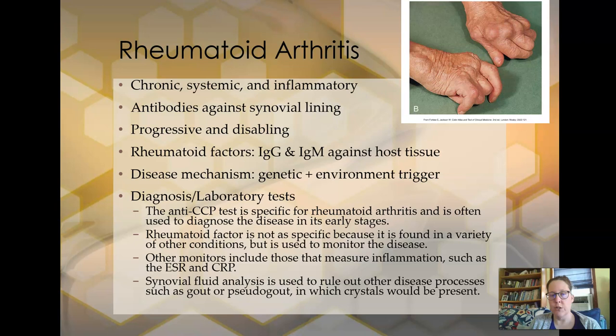When talking about environmental triggers, one of the things we don't always stop and think about is that as human beings, in the last, let's say, 100 years, we have created more than 80,000 chemicals, and they've not been thoroughly tested and vetted as to their safety.